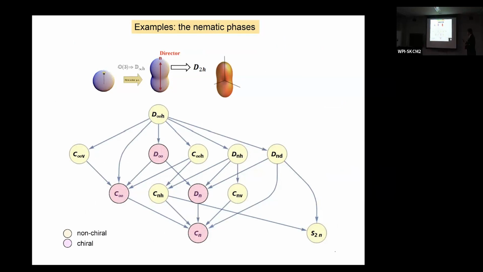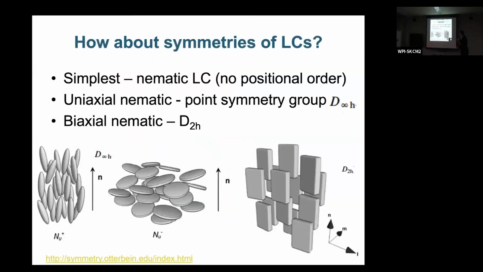So the simplest one, that is very easy to imagine, is when you have an isotropic state, no order, you cool down that system and you get one axis of ordering. For example, imagine you had these brick-like building blocks, but only along one axis they are ordered and the others are kind of not keeping track of their orientations, right?